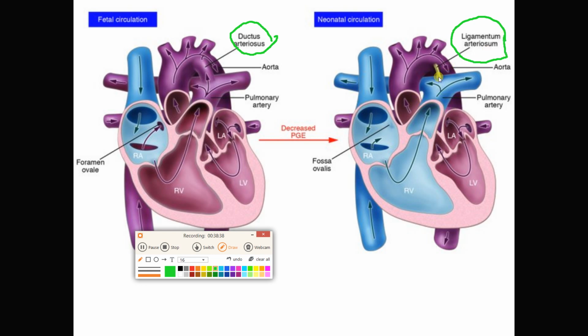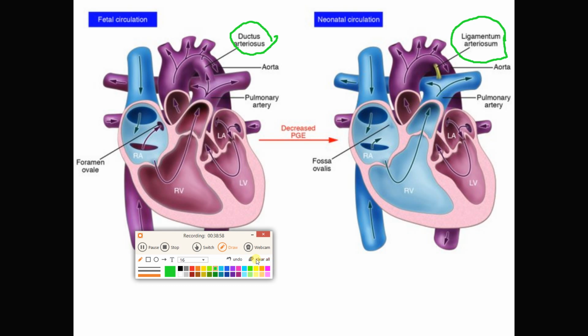It's that thing right there. So we have two structures in our adult heart, the fossa ovalis and the ligamentum arteriosum, that were remnants of fetal structures, the foramen ovale and the ductus arteriosus.